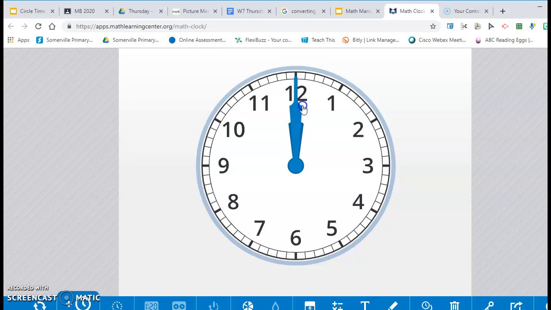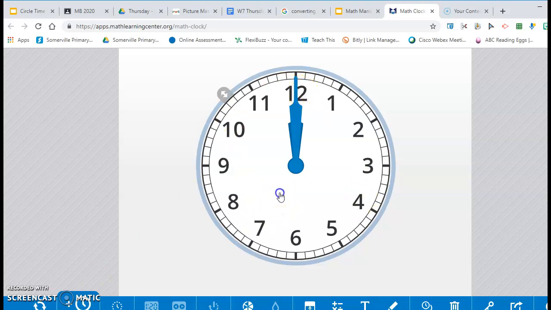And when both hands are pointing at the top, it is 12 o'clock. A way to remember that it's a full hour, you can think about your hand going around a racetrack. And when it does 1 full lap, it makes it a new hour, 1 full hour's been.